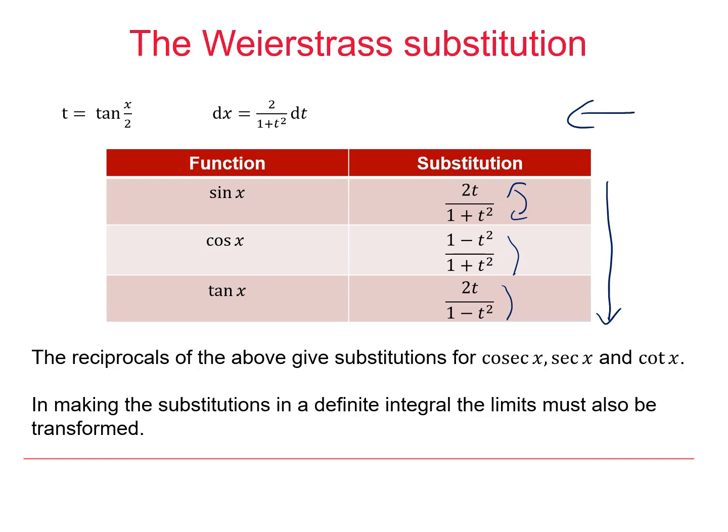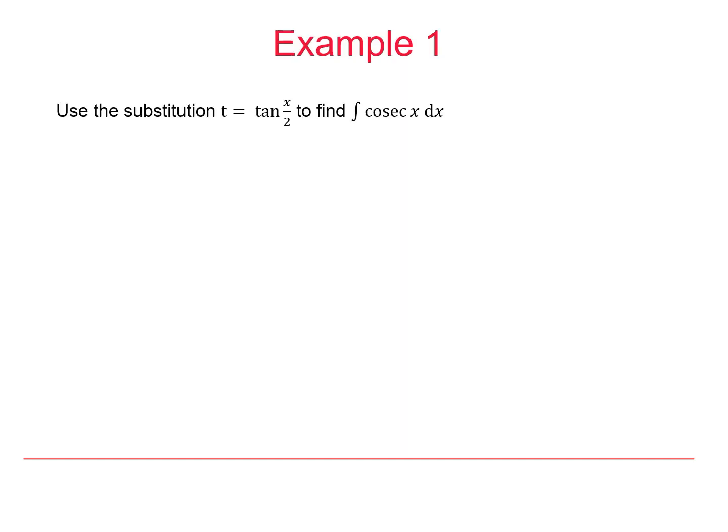And if you're making a definite integral substitution, then you've got to transform the limits as well using your t equals tan x over 2. In this example, I'm asked to transform cosec x dx into an integral in terms of t using the substitution t equal to tan x over 2.